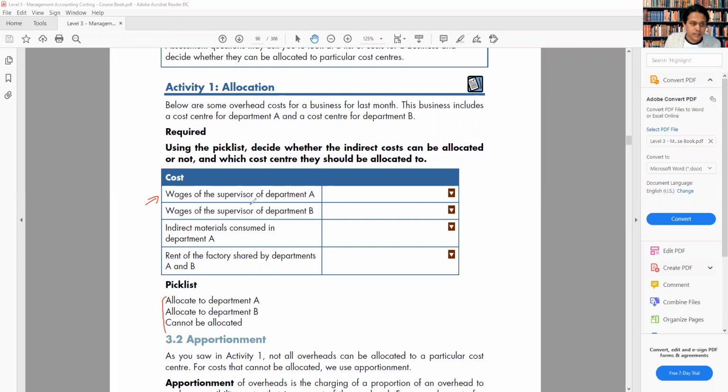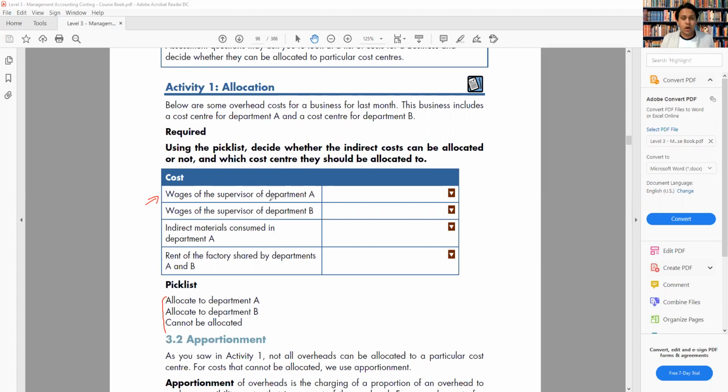The first one, they said wages of supervisor of department A. Now we have three things: allocate to department A, allocate to department B, or cannot be allocated. So if I give this supervisor of department A salary or wages to department B, they will tell me, why are you giving the other department cost to me?